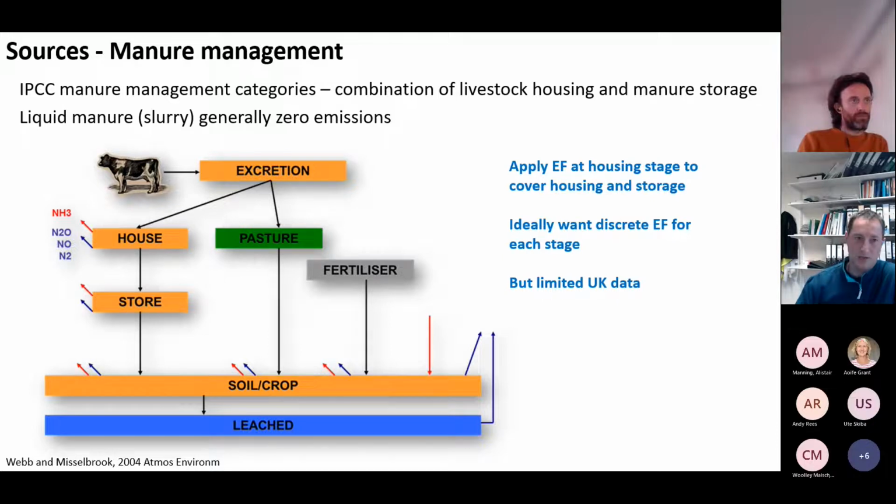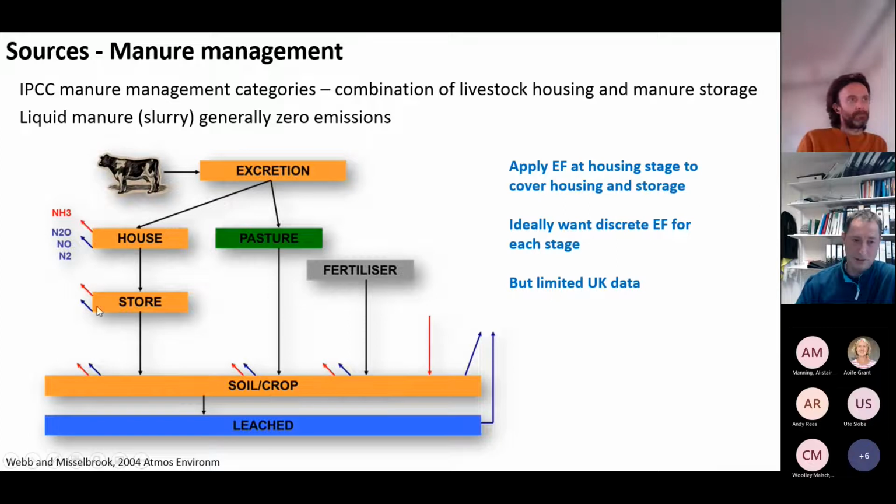So for livestock, for example, we start with what the animals are eating and how much nitrogen they then excrete. And that nitrogen can be excreted in different places, so on a pasture for grazing animals, in the livestock house. And from each of these sources, we will have losses of ammonia, of nitrous oxide, of nitric oxide and dinitrogen through denitrification.